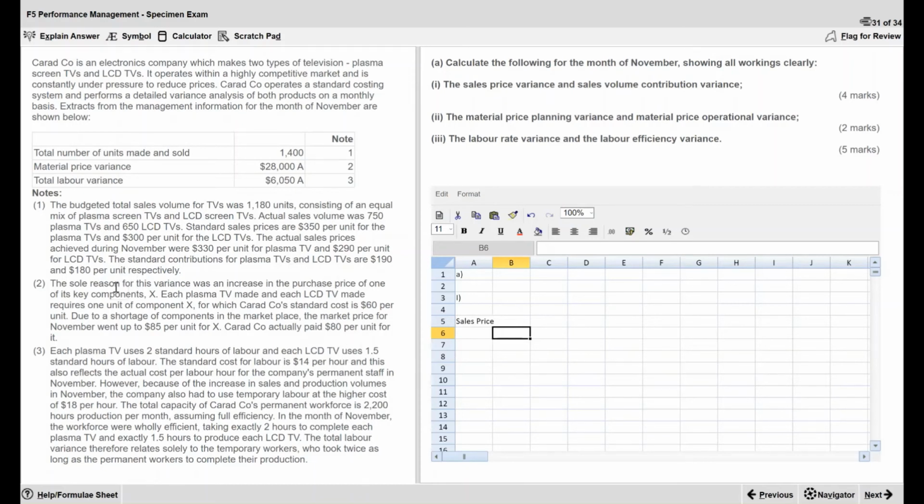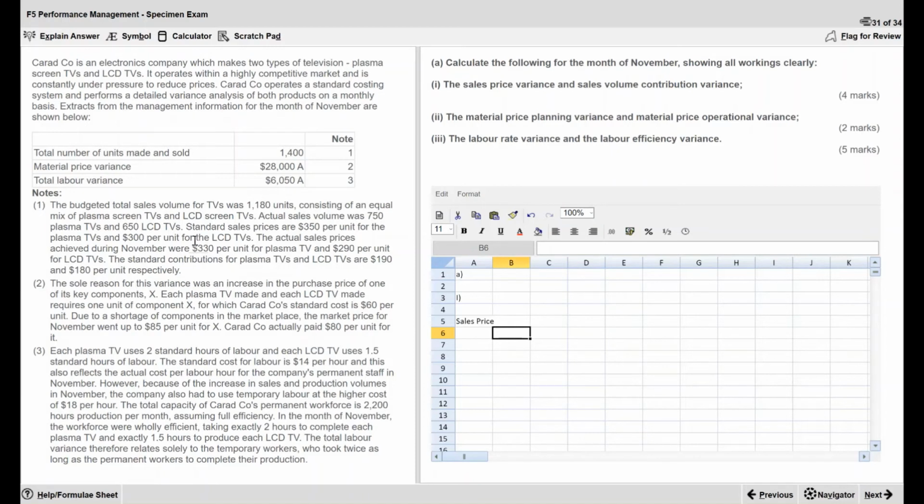So we will only focus on sales here. So focus on one thing at a time. You will not be able to get all the information at once. So only focus on what is required. So we only have to compare the standard price versus actual price. That would be our price variance.